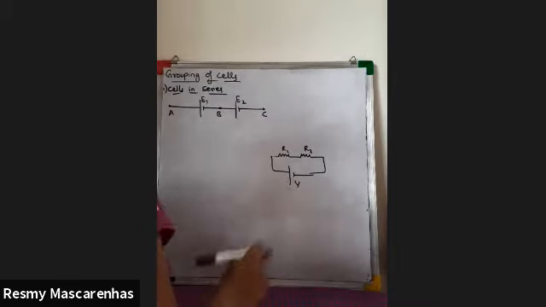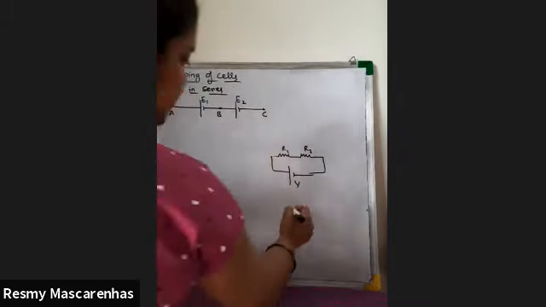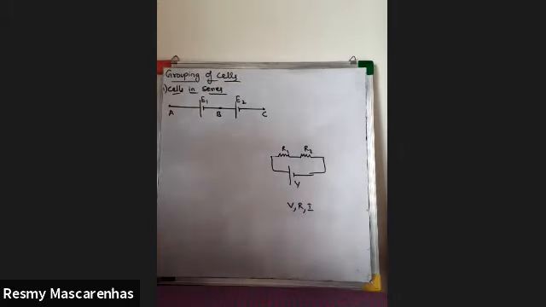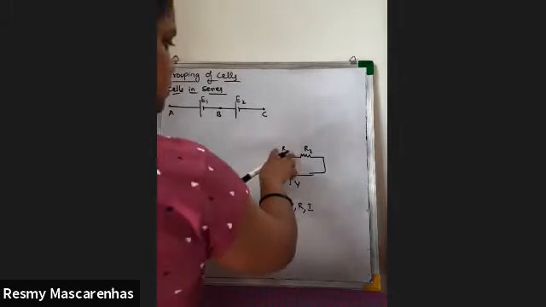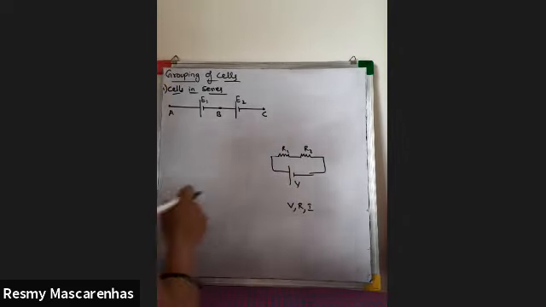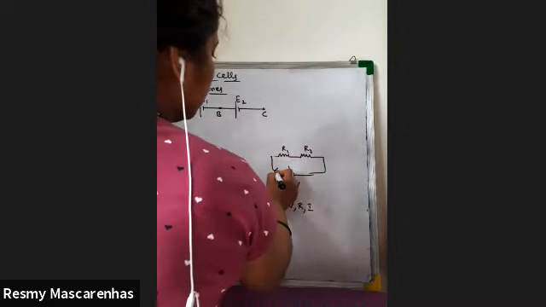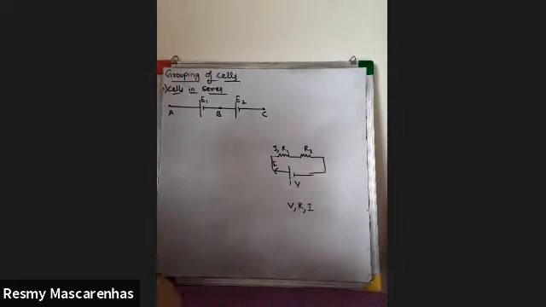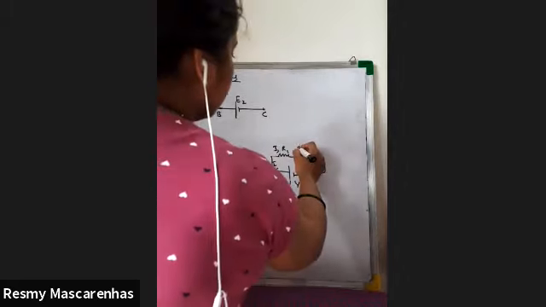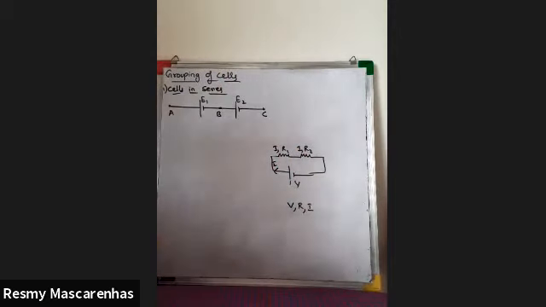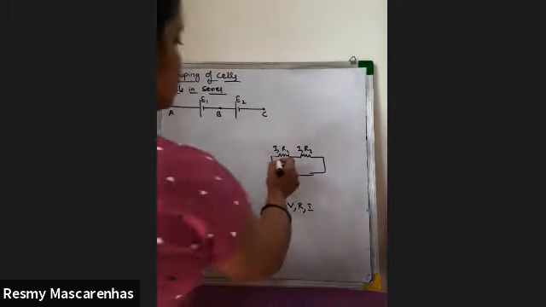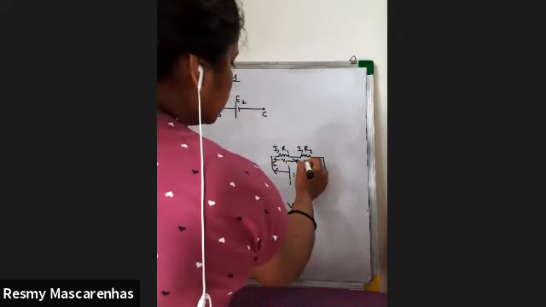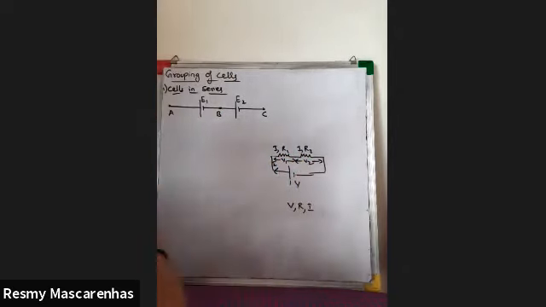I told you all here there will be three quantities: voltage, resistance, and current. Resistance we know R1, R2, but when it is in series, current flowing through R1 will also be I, and current flowing through R2 will also be I. Whereas when it is in series, voltage across two will change. Here it will be V1 and V2.